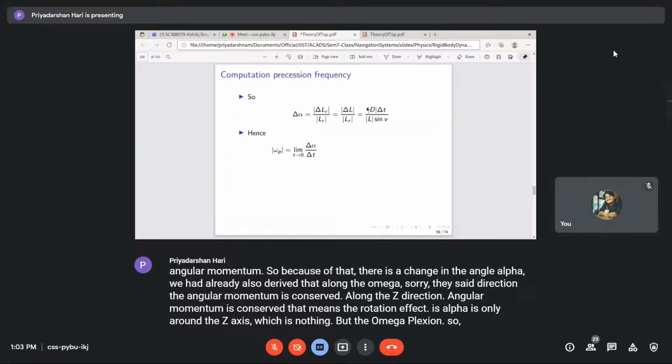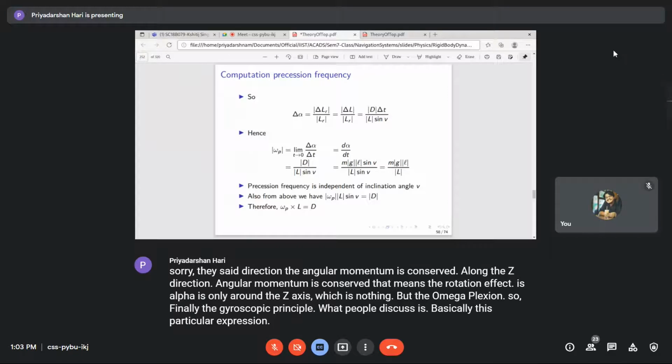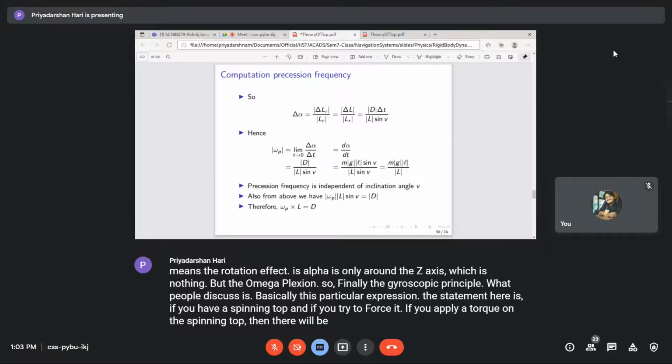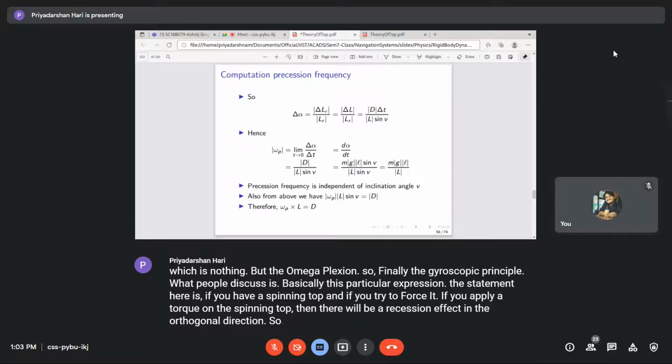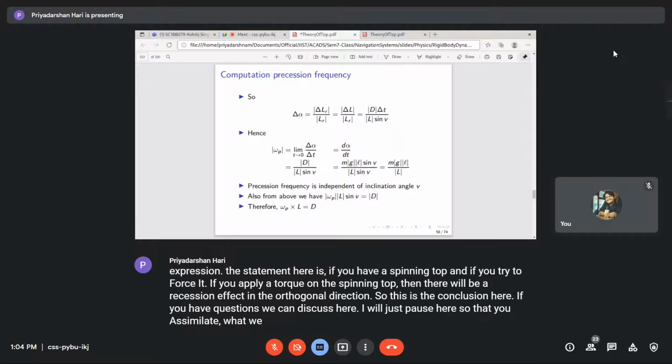So finally, the gyroscopic principle that people discuss is basically this expression. The statement is, if you have a spinning top and you apply a torque on it, then there will be a precession effect in the orthogonal direction. This is the conclusion. If you have questions, we can discuss here. I will just pause here so that you assimilate what we have discussed.